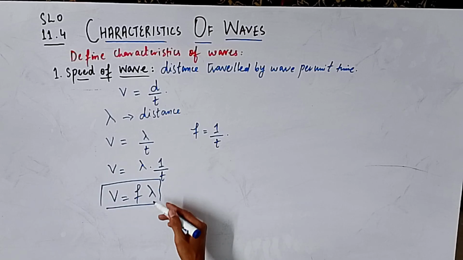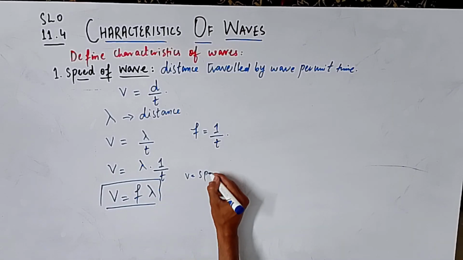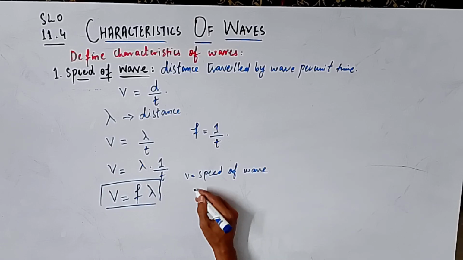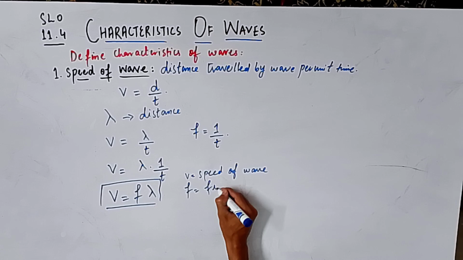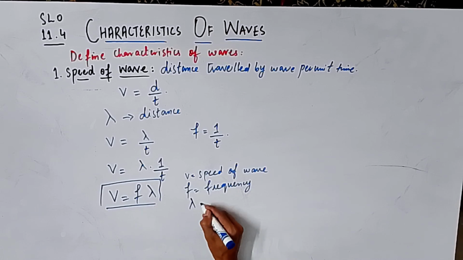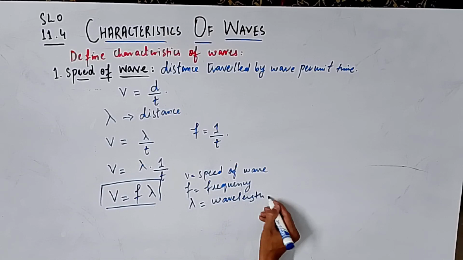This is how we can derive this equation, where v is equal to speed of wave, f is equal to frequency, and lambda is equal to wavelength of the wave. Although we will also define the wavelength after this speed of wave.